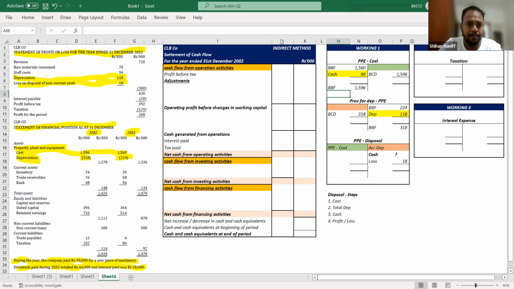So what is the answer? Let's find out the difference in the PP account. 54 is the cost of the disposed asset.